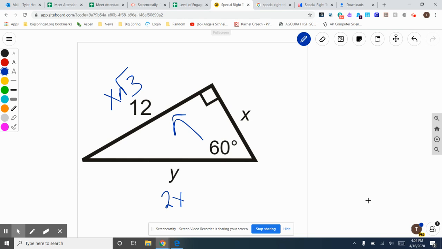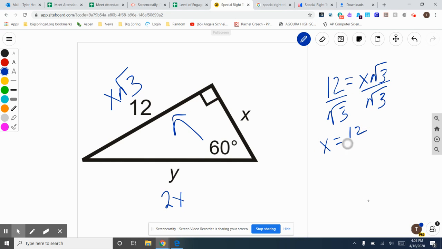Okay, so what I have here is basically 12. I know that has to equal the x root 3. So if I divide by root 3 on both sides, what I'm trying to do is just get x by itself. I get x equals 12 divided by root 3. Now, you're going to learn later on, and I think I mentioned this in the last video, we don't like square roots in the bottom.